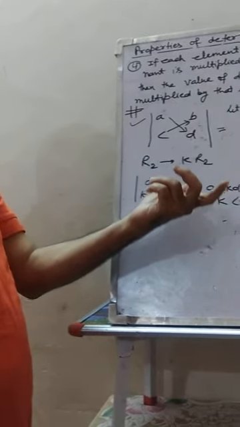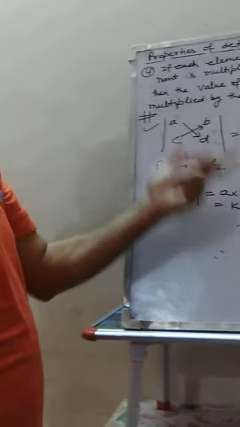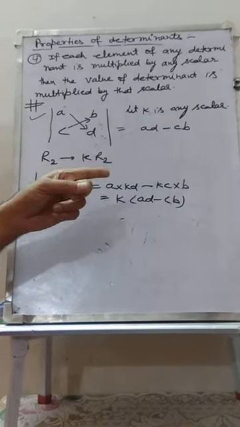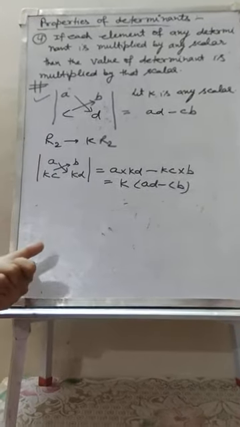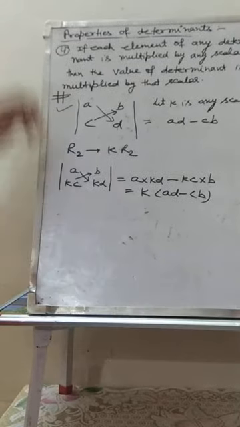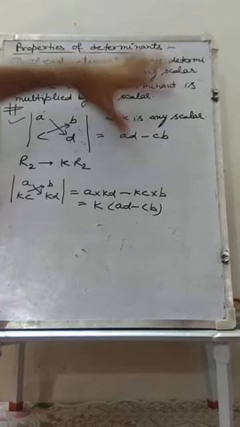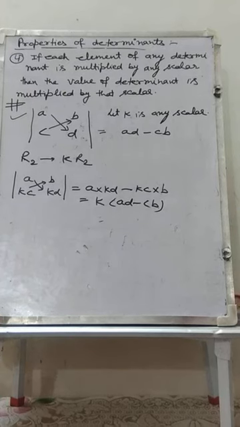While in a matrix we cannot do like this. If we multiply a matrix by a scalar, then all the elements will be multiplied by that scalar. But in a determinant, we can multiply or divide the elements of any particular row or column. So the fourth property says, if we multiply by any scalar, the value of the whole determinant is multiplied by that scalar.